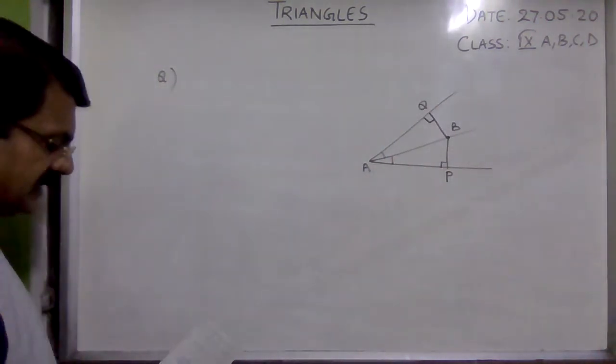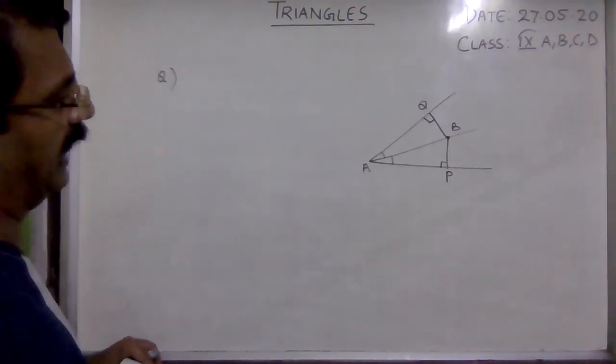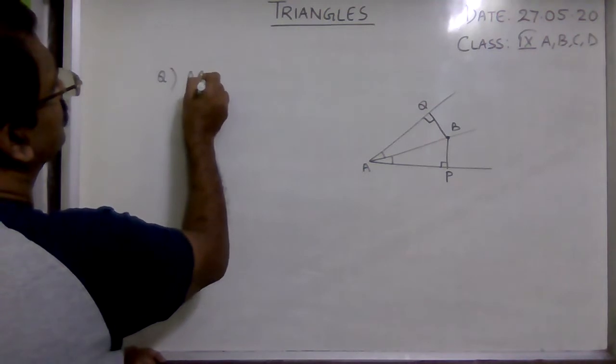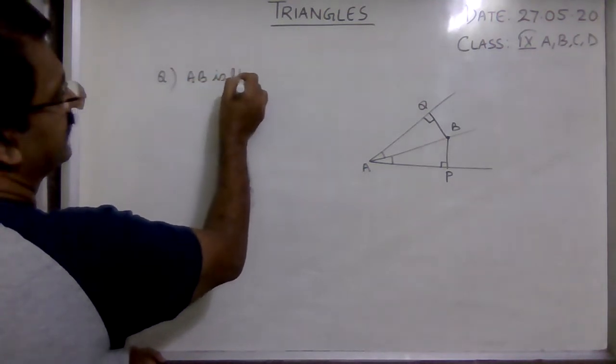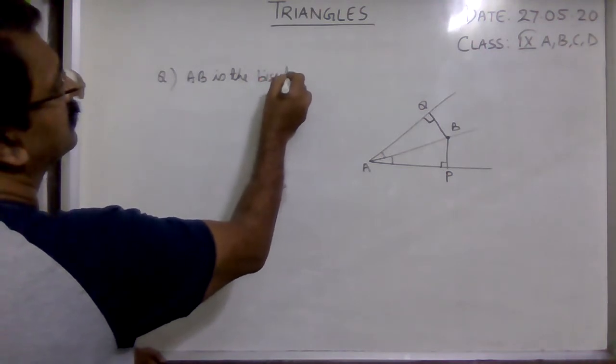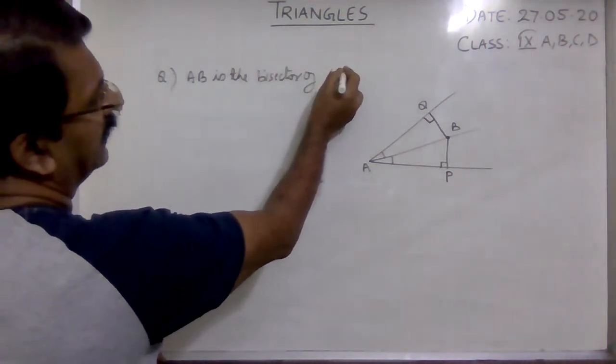Now, in this diagram, it is very clear that AB is the bisector of angle QAP.